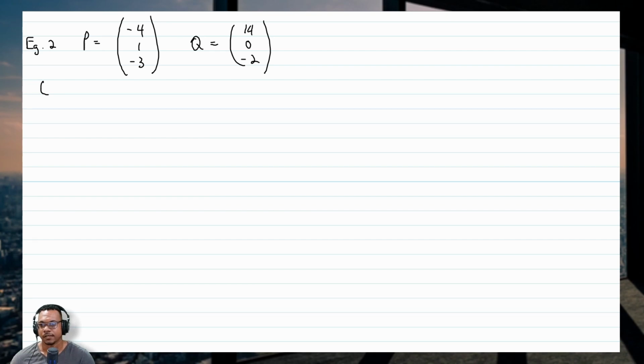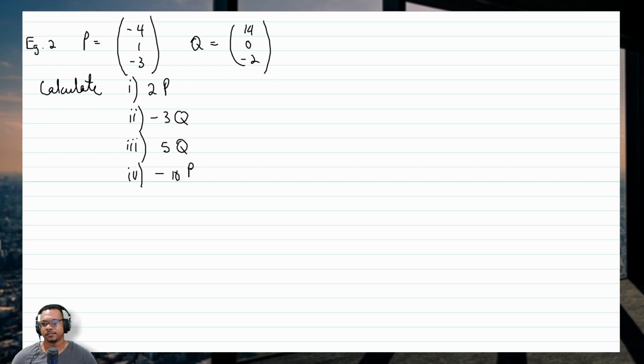I'm going to ask you to calculate: part 1, 2 times P; part 2, negative 3 times Q; part 3, 5 times Q, a positive there; part 4, negative 10 times P. All right, let's see what we will get here.